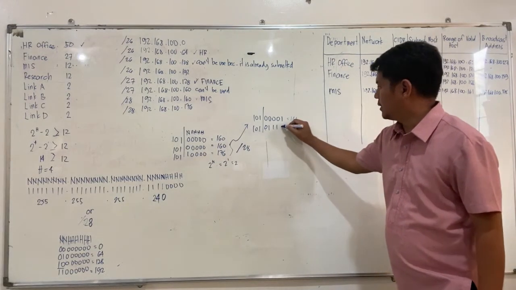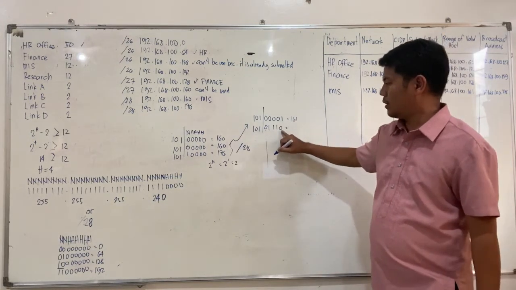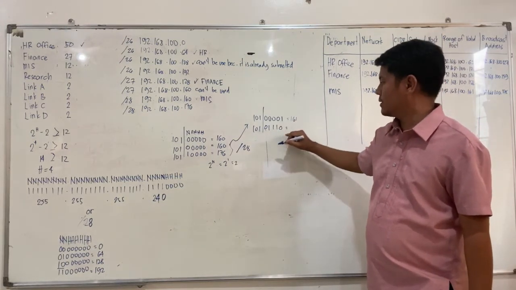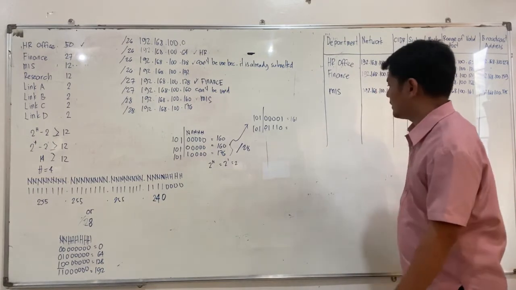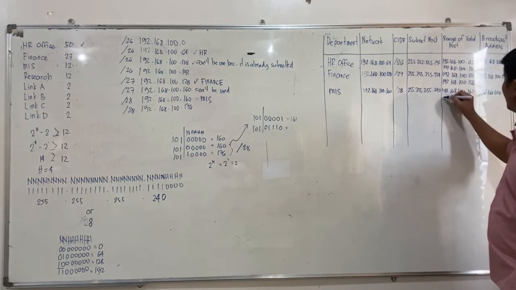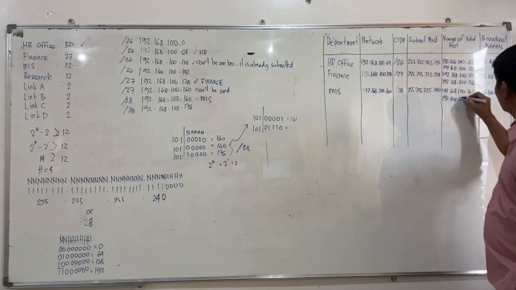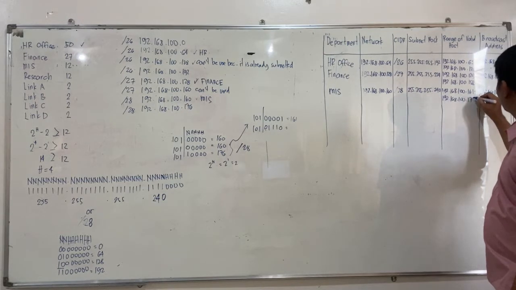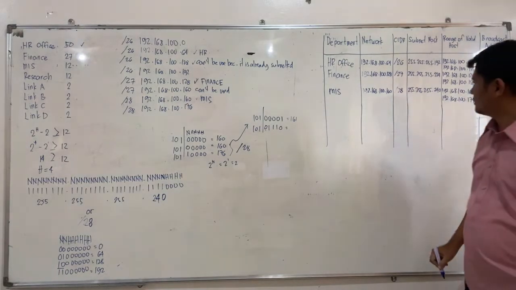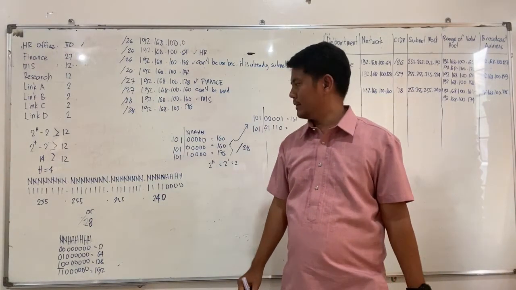And to determine the last valid host, do not turn all host bits to ones. So this is 174. That is for our MIS department.